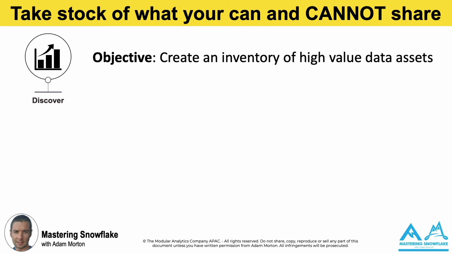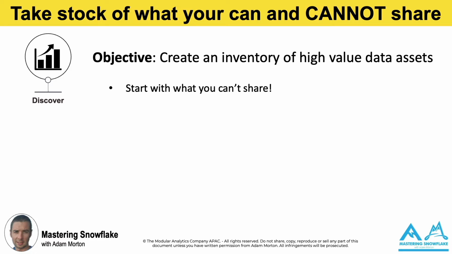This is all about creating an inventory of high value data assets. Now, as counterintuitive as it sounds, I find it really helpful to start with what you can't share. And so that might be the information that would disclose trade secrets, risk competitiveness in the marketplace, breach legal legislation.